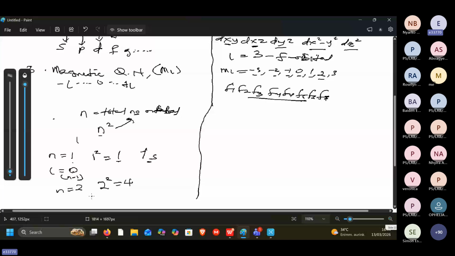That's the highest you go. So that is S and then P. For 2, we can have S and P. P can have different orientations, so we can have Px, Py, and Pz. And so we have 1, 2, 3, 4 orbitals in energy level 2.